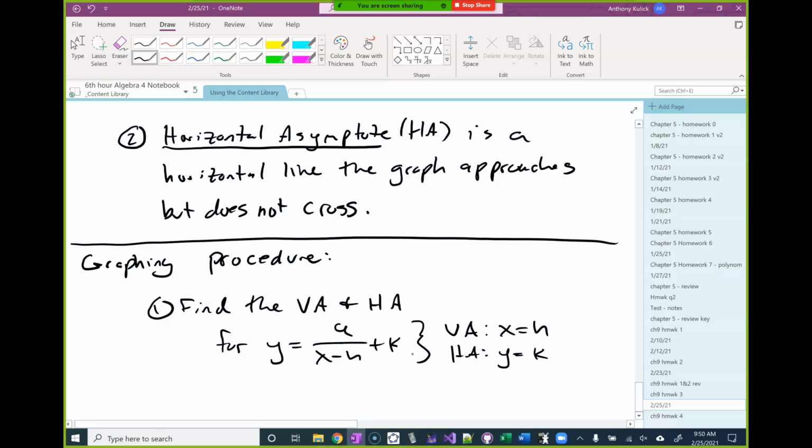If it's in the form y equals a over x minus h plus k, the vertical asymptote is just the equation x equals h, and the horizontal asymptote is the equation y equals k.